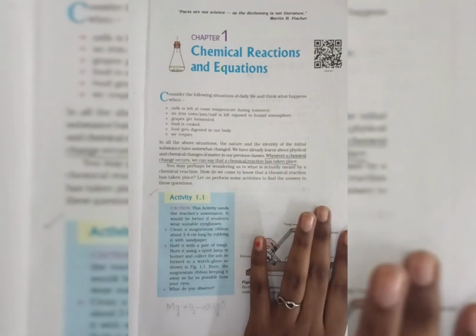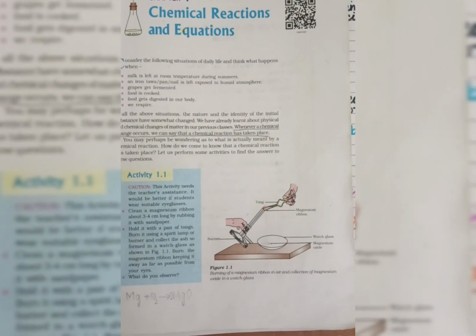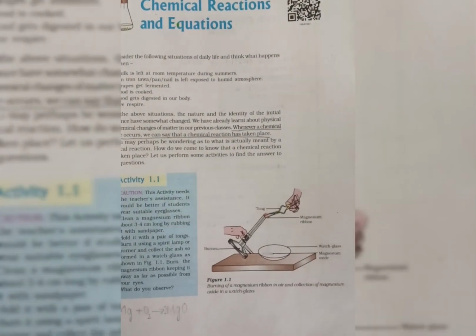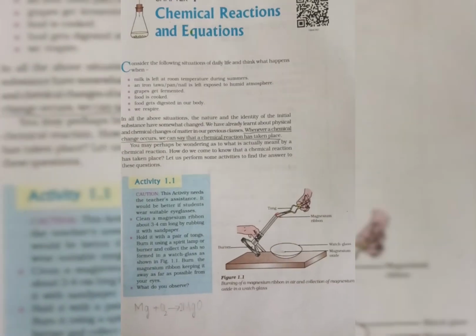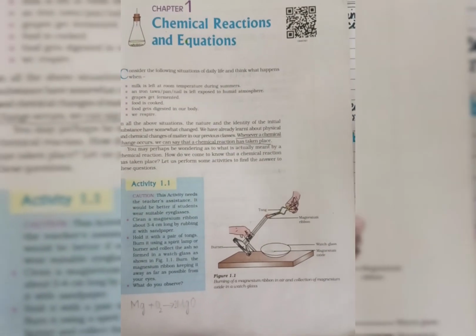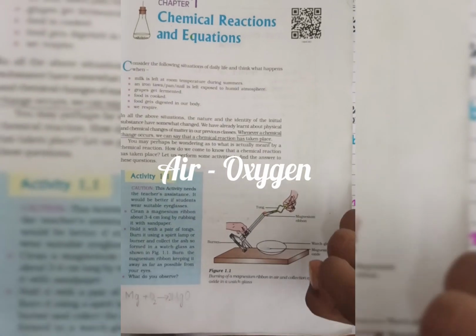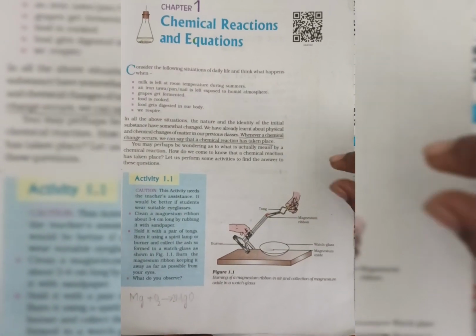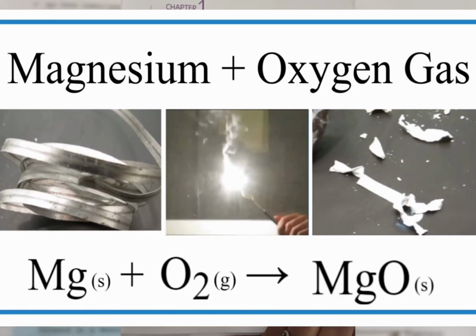So what they are explaining in this activity is that you take a magnesium ribbon and when you burn it in presence of air, which is oxygen, you should always remember air denotes oxygen. In presence of air, when you burn it, it provides a dazzling white flame and the magnesium oxide powder.